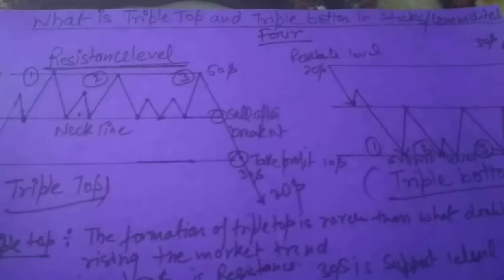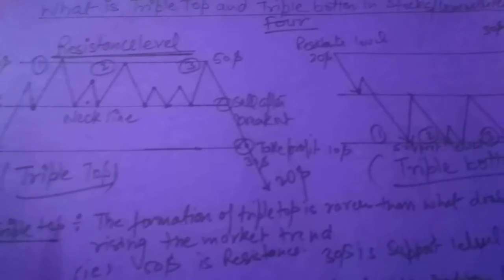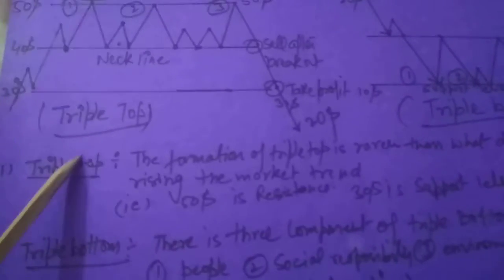It does not depend on the count of tops, but technically we can talk about the top. We can see one top, two top, three top, four top, five top, but it does not breach the top area. That is the main resistance area.